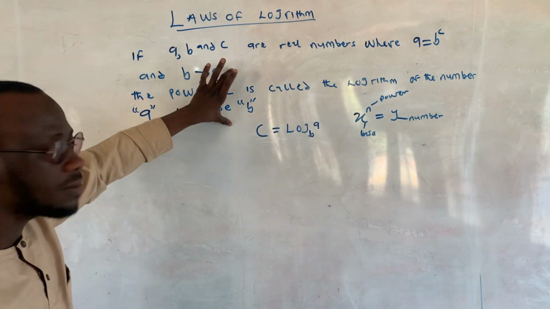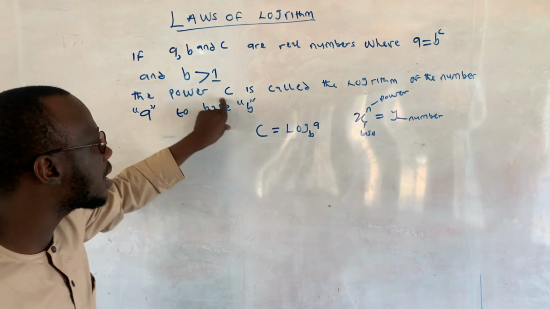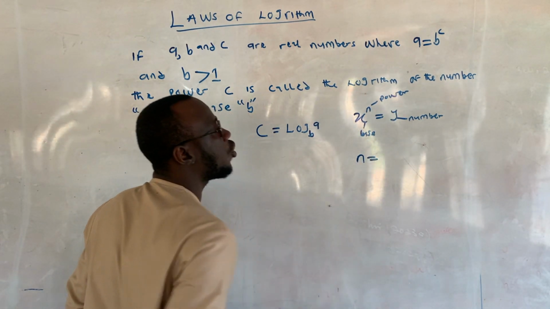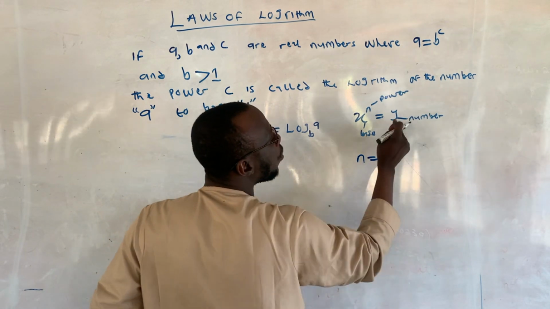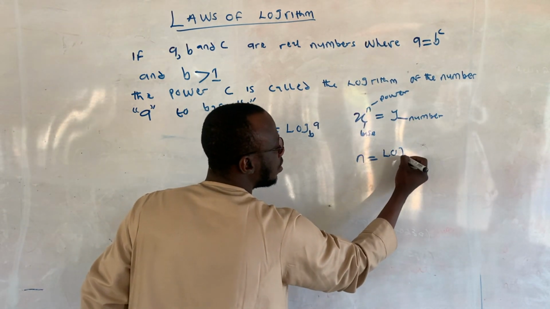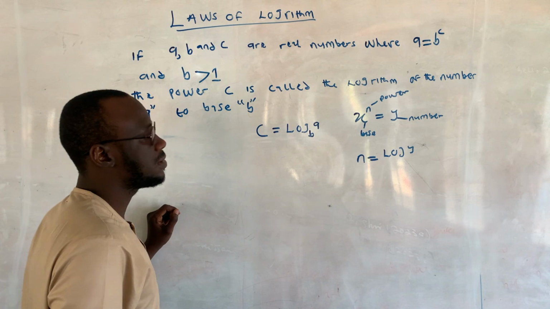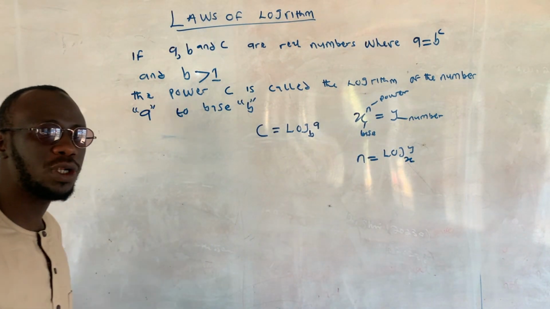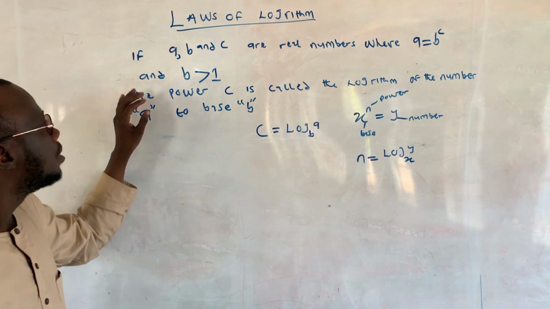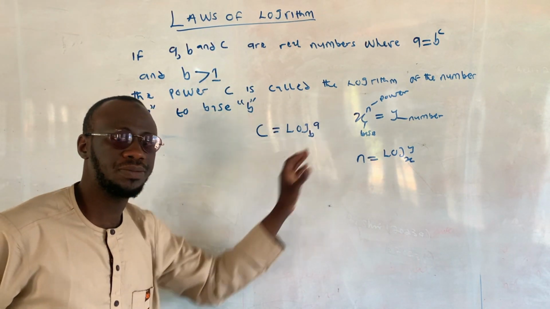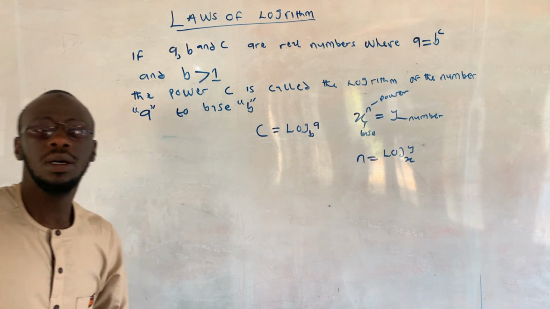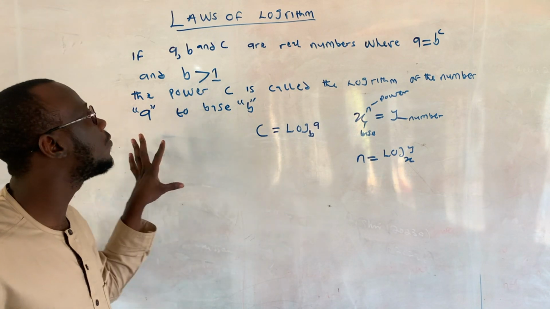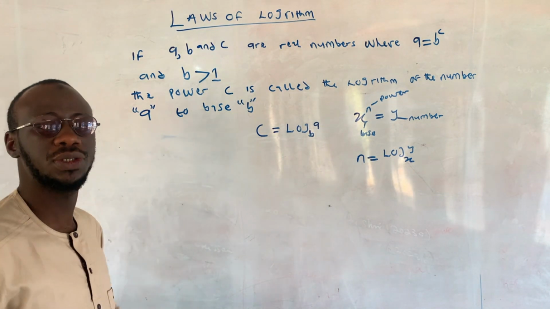Following the same statement, you can say that our power, that is our n in this case, is equal to the logarithm of the number y base x. So this is how we form a logarithm equation.